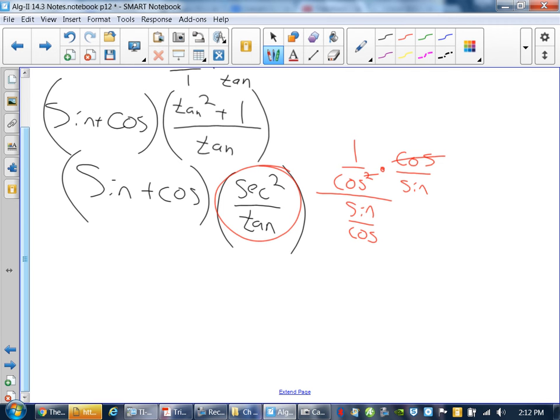Anytime you have cosine is 1 over secant, so cosine squared is 1 over secant squared. Cosine to the 5th is 1 over secant to the 5th. I thought the only thing we could do was the cosine squared, 1 minus sine squared. Oh, of course.